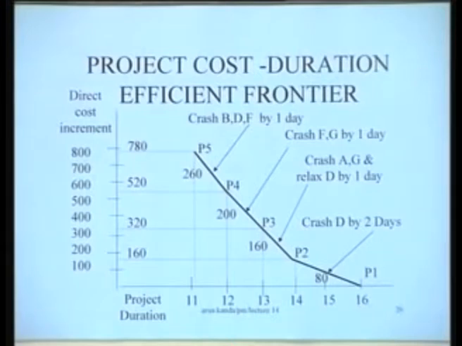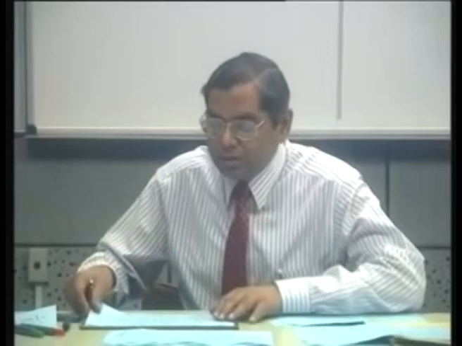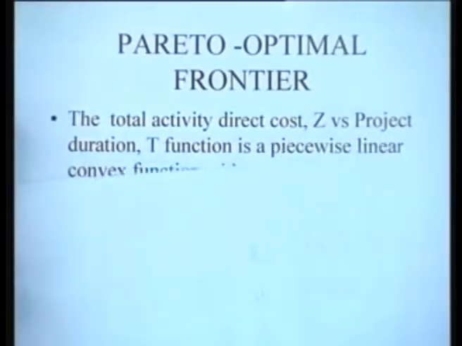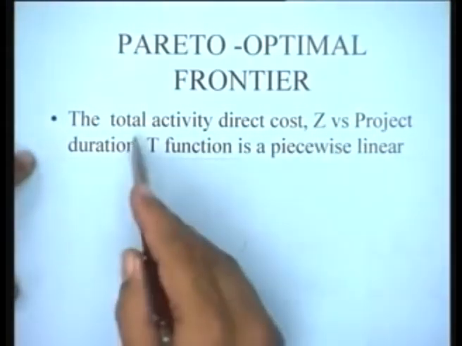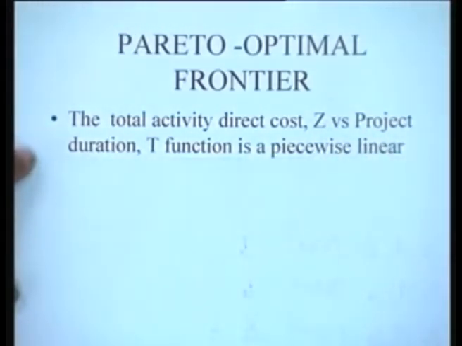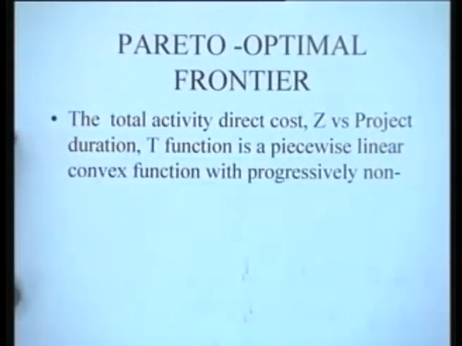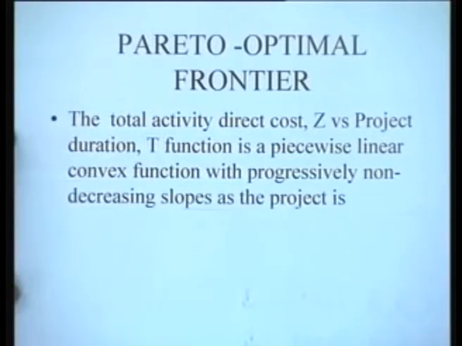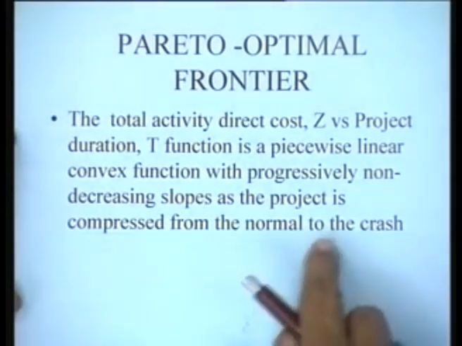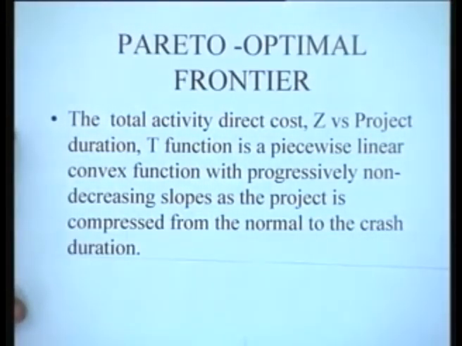So we can see that the total activity direct cost Z versus project duration T function, the ZT function we can call it, is a piecewise linear convex function with progressively non-decreasing slopes as the project is compressed from the normal to the crash duration.